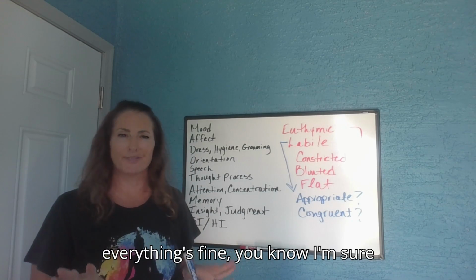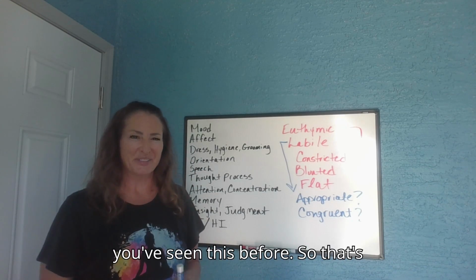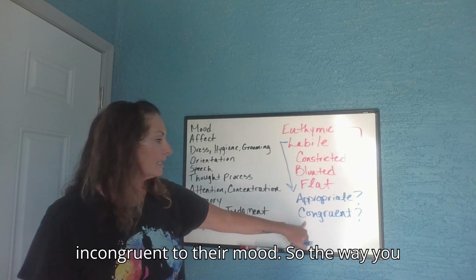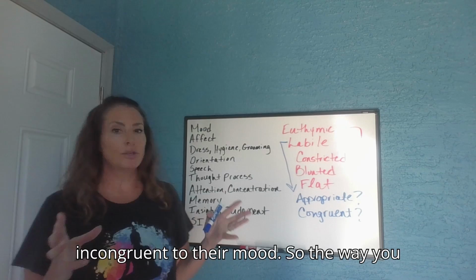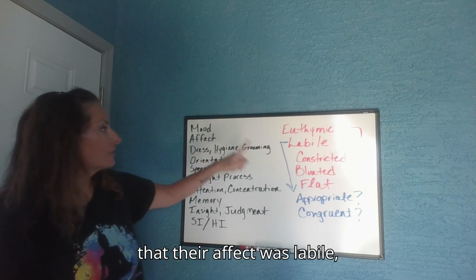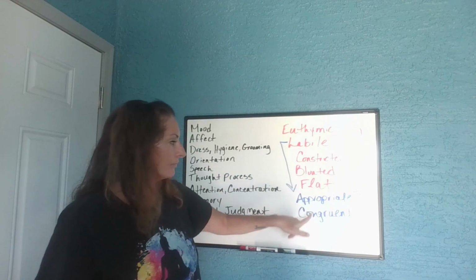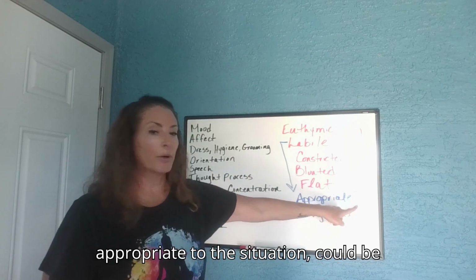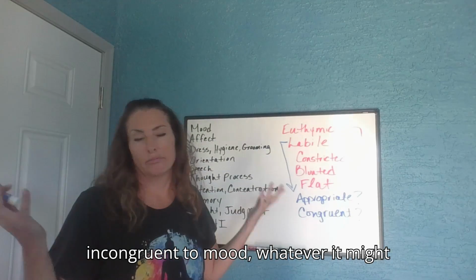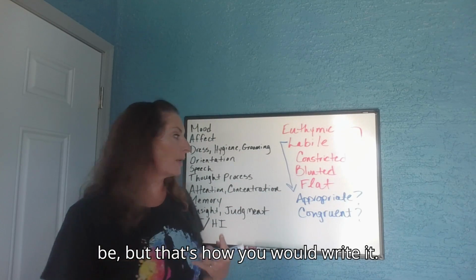Yeah, everything's fine. I'm sure you've seen this before. That's incongruent to their mood. So the way you want to write this in the MSE is that their affect was labile, appropriate to the situation, could be incongruent to mood, whatever it might be. But that's how you would write it.